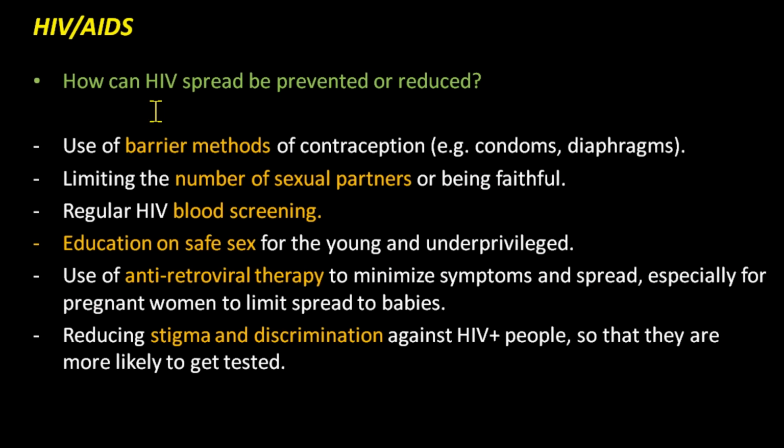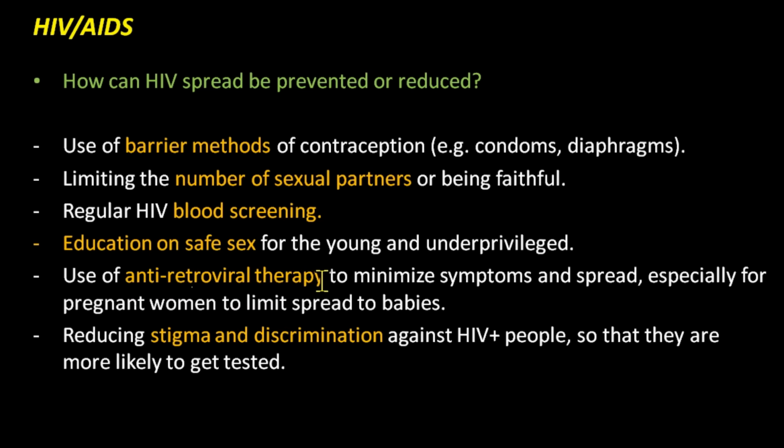So how can HIV spread be prevented or reduced? Well, there's the use of barrier methods of contraception, so for example condoms and diaphragms, limiting the number of sexual partners or being faithful to a single partner, regular HIV blood screening, education on safe sex for the young and the underprivileged, the use of antiretroviral therapies, so for example use of the medication AZT to minimize symptoms and spread.